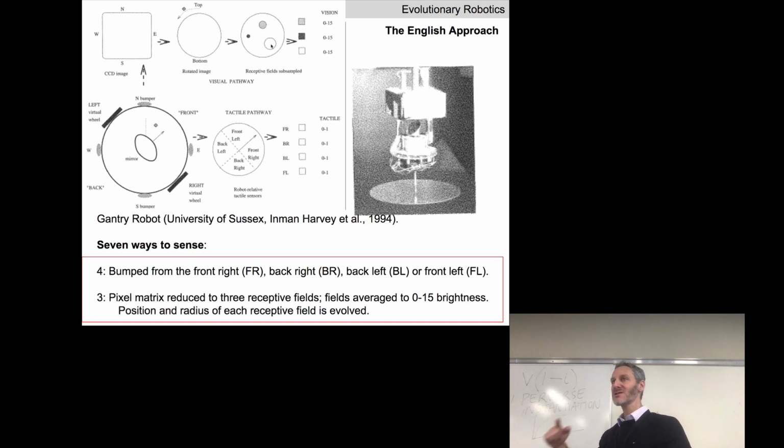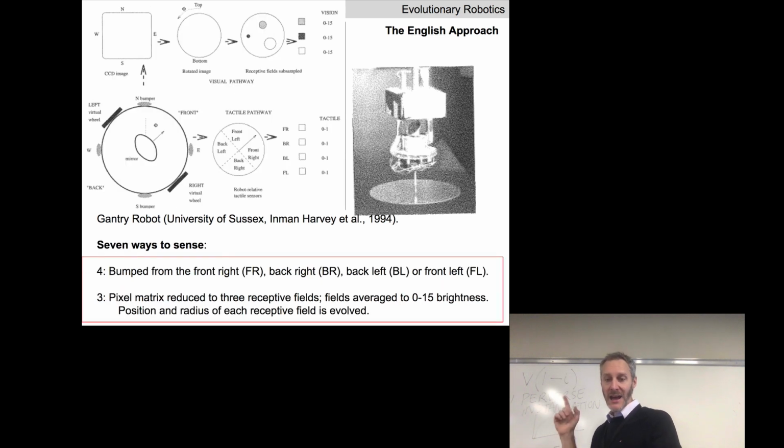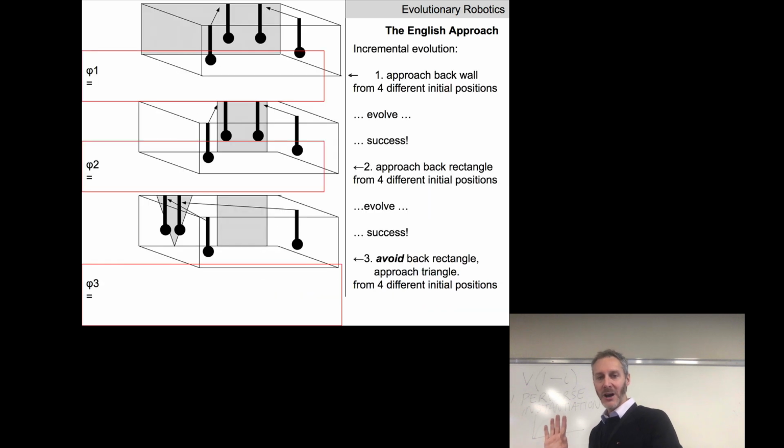So at every time step of the operation of this robot, it's getting 7 numbers. So far, so good? Okay, and as we just talked about, it's going to transform those 7 sensor values into 3 output values, which are commands to move the trolley, the X trolley, the Y trolley, or rotate the dental mirror underneath it. Okay. Again, seems a little bit odd.